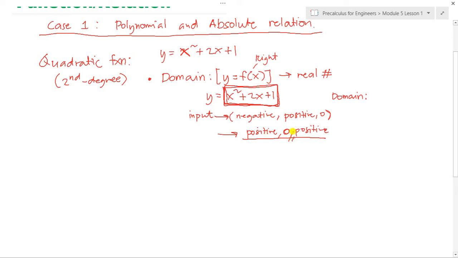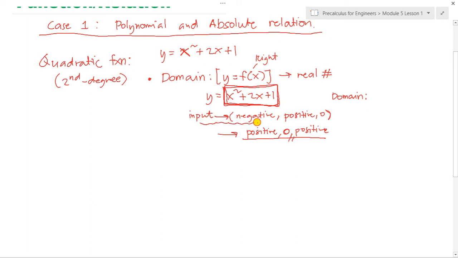So therefore, our domain here is what? Is it all positive numbers only? All real numbers.